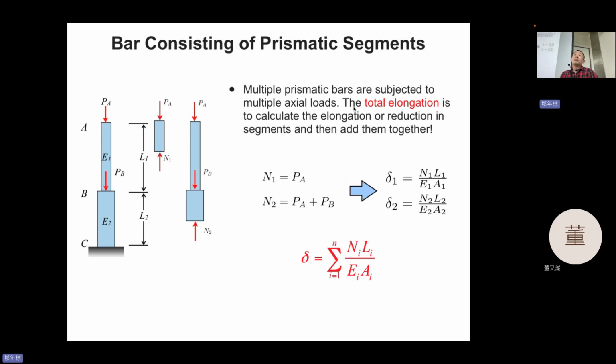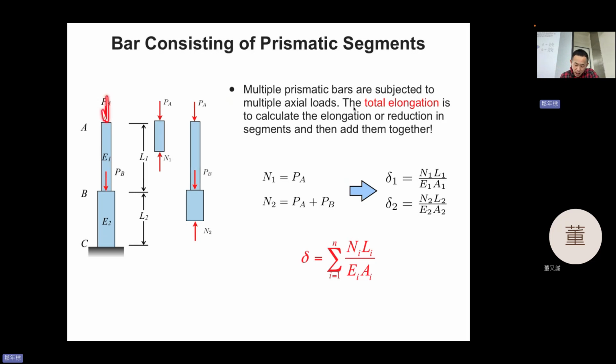Next one, bar consisting of prismatic segments. So this will become more difficult. Okay, which means that not only the force, but also the cross section is different. Actually, it is the same approach. So PA, just like a tower.